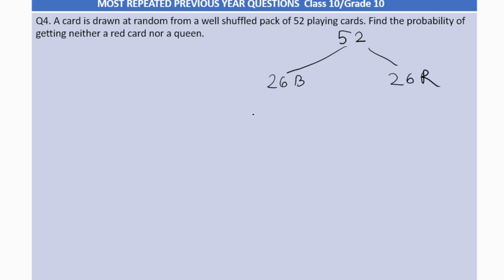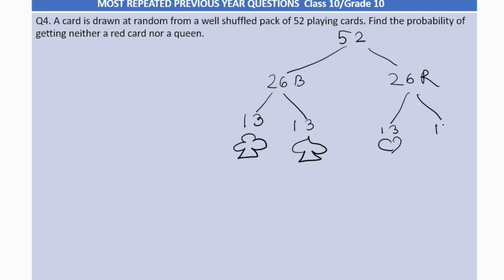Now again, out of these 26 black cards, 13 we have got our clubs, and the rest 13 are our spade. And from the other 26, 13 are heart, and the rest 13 are our diamond shape, right?